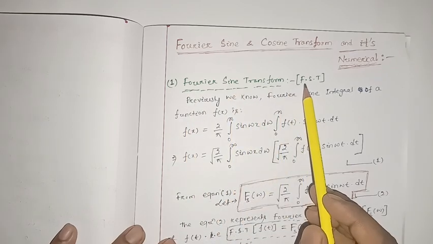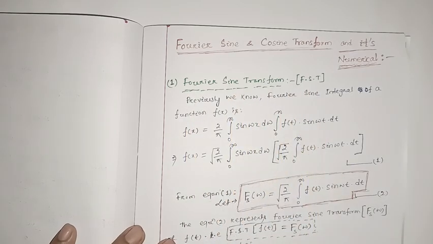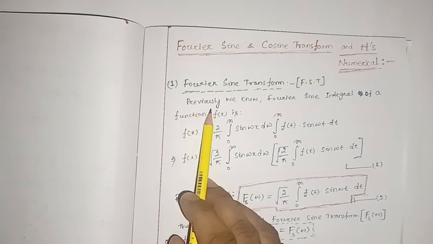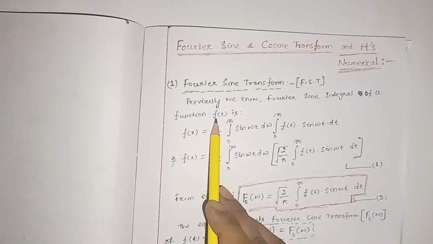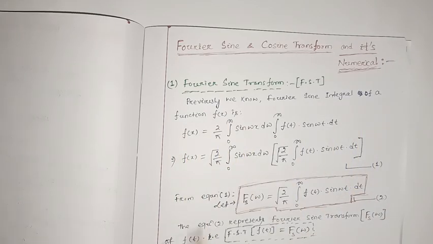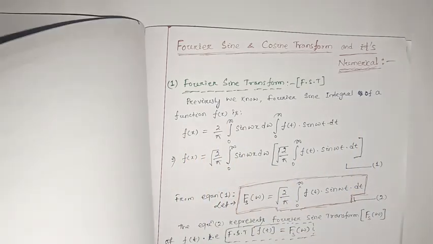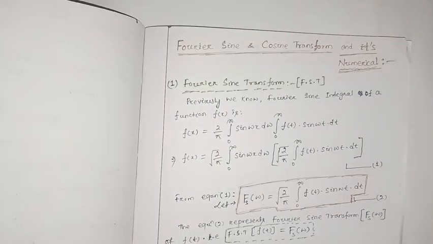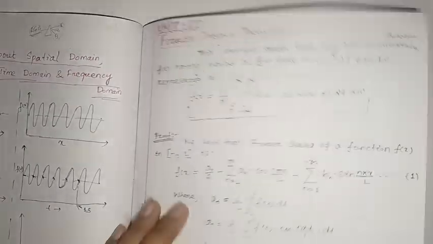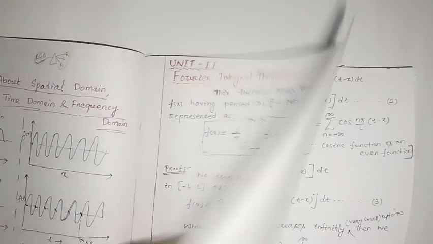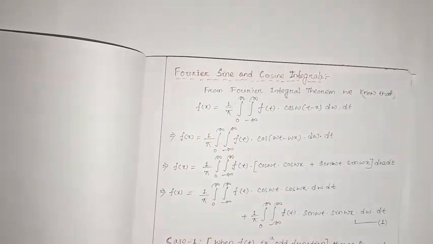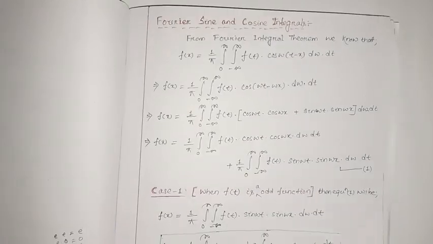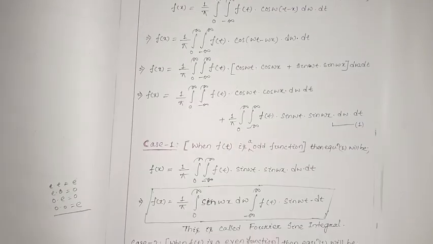In short, it is written as F.S.T. Previously we know the Fourier sine integral of a function f of x, small f of x, is this much. Maybe after this video you can check the Fourier integral theorem video, where the Fourier sine and cosine integrals are covered.